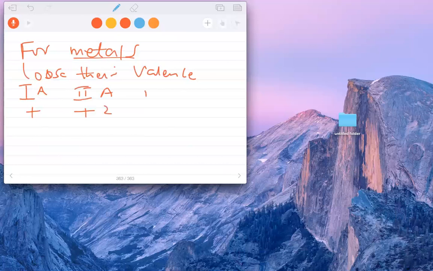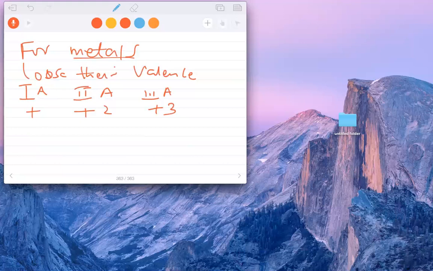For 3A metals, they form positive 3. When you get to group 4, we have lead, and lead can form positive 4 or positive 2. We have antimony, which can form positive 5 or positive 3. You got to remember, non-metals gain electrons.